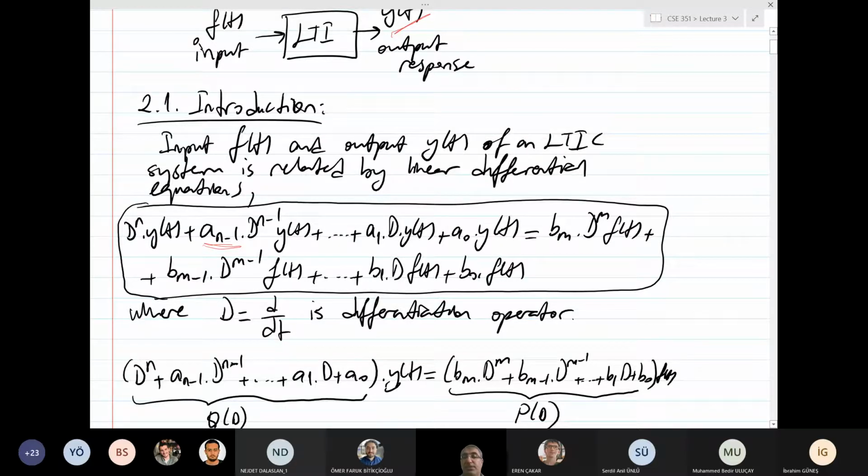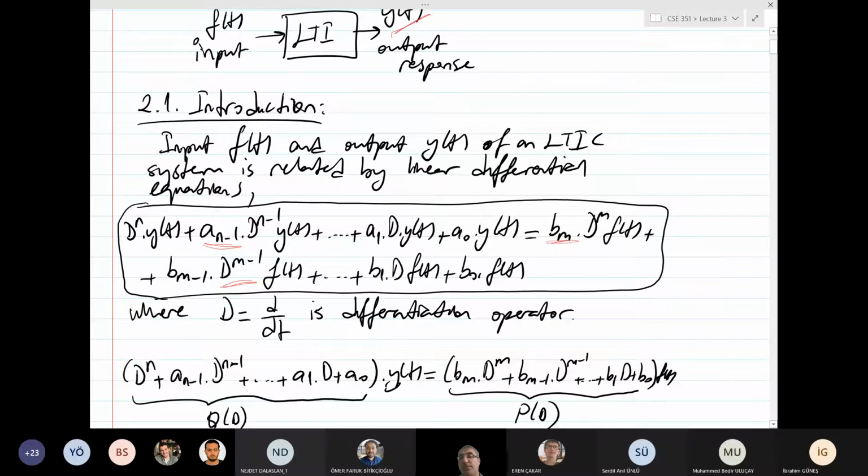This is the left side, and we have the right hand side of the equation, which is bm times the differential D to the power of m of f of t, plus b m minus 1 times D to the power of m minus 1 of f of t, plus b1 times the differential of f of t, and finally we have b0 times f of t.